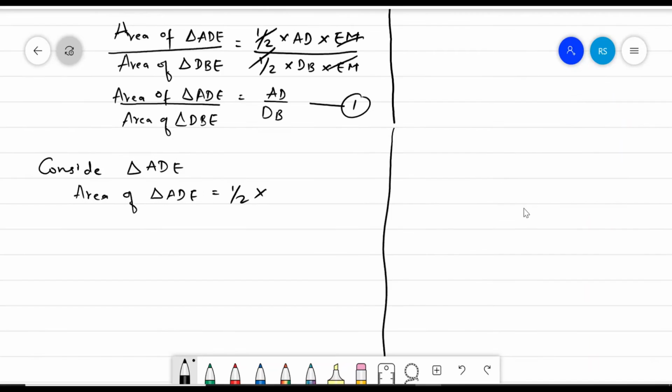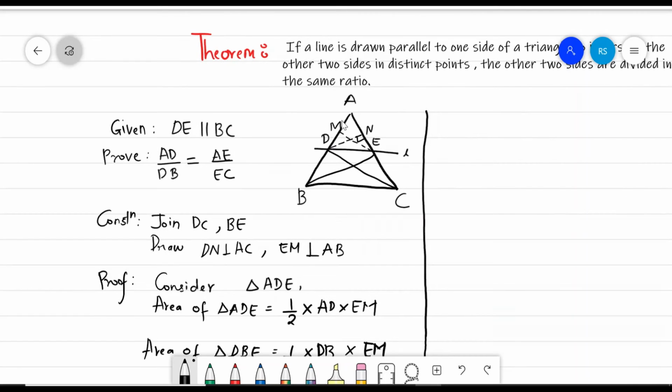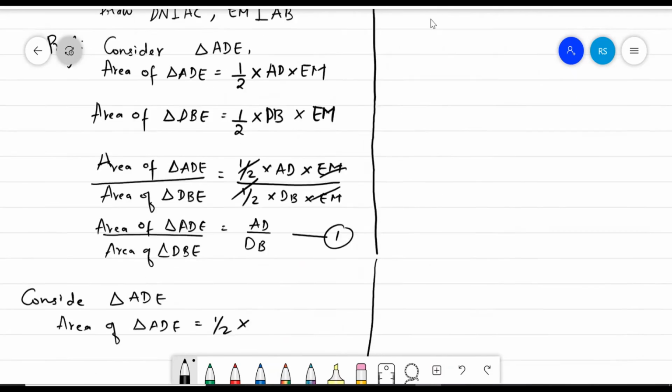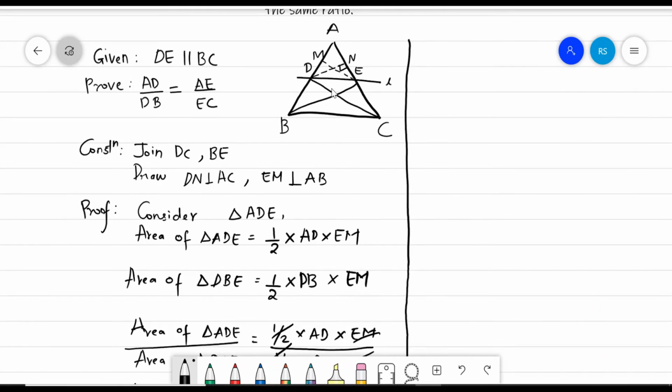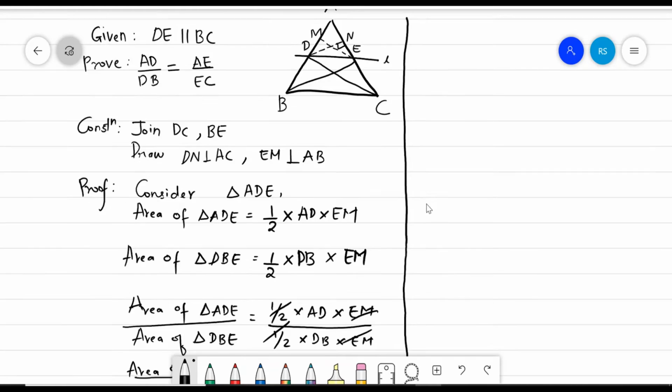This time we are taking AE, and we'll take height as DN. Next we are considering this triangle DEC. We'll take base as EC and height again outside, because there's no height over here, so we can take DN as the height.